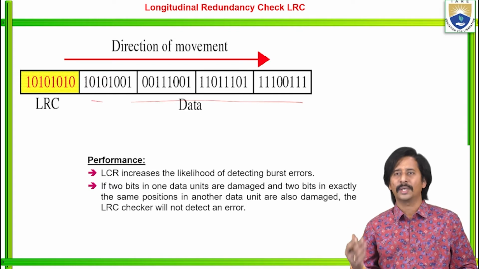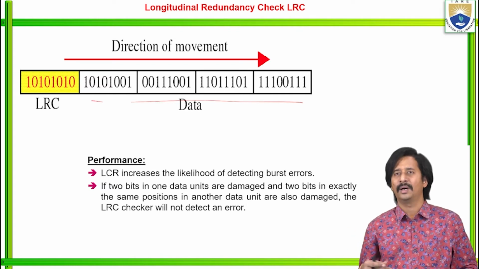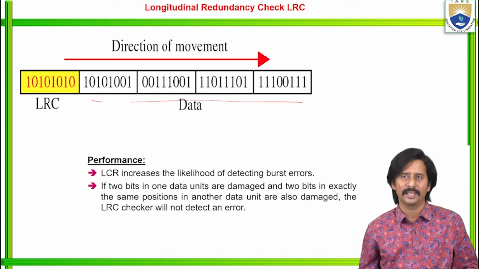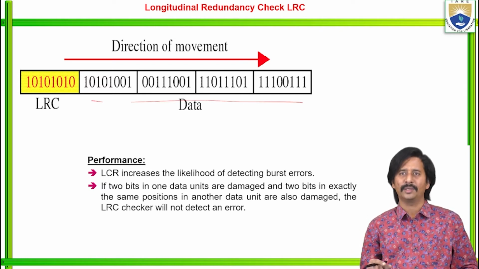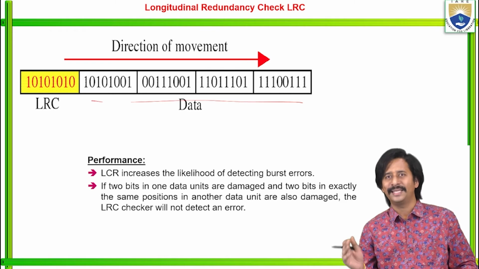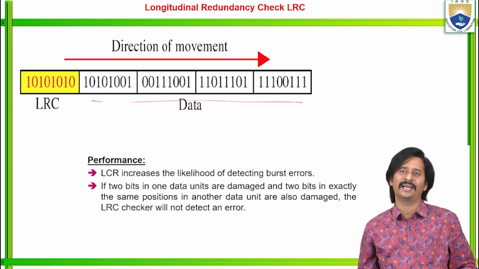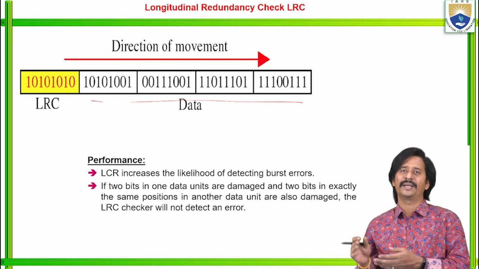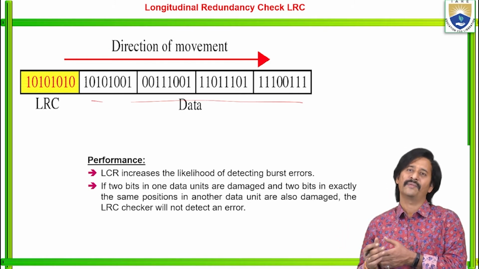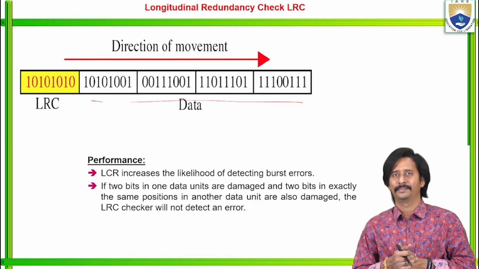When more than 2 consecutive ones or zeros are damaged, we call it a burst error. If 2 bits in one data unit are damaged and 2 bits in exactly the same position in another data unit are also damaged, then the longitudinal redundancy checker will not detect an error.